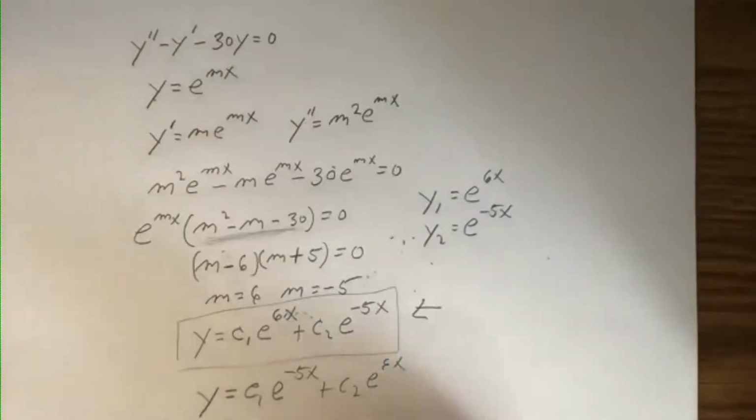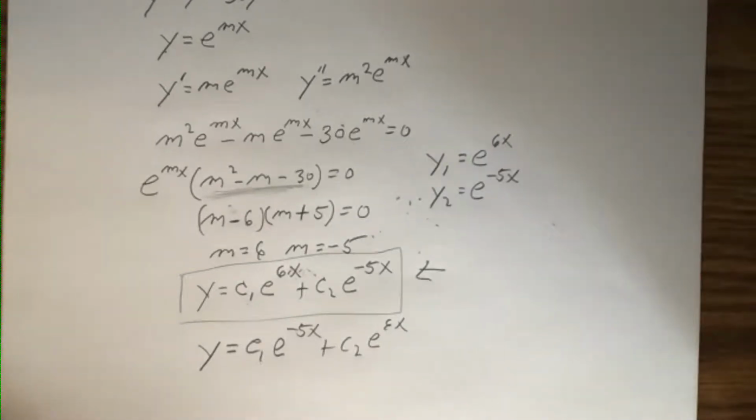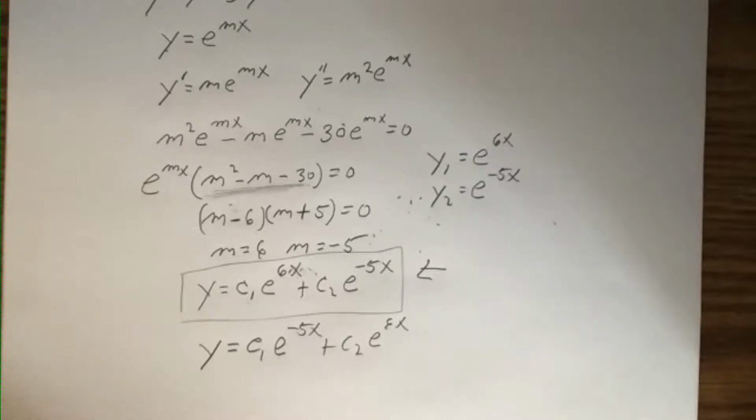Excuse me, Professor. Yes. I followed all of it up until where you factored it. I understand how you got m is equal to 6 and m is equal to negative 5. But now I'm questioning why you put in m is equal to 6 and m is equal to negative 5.